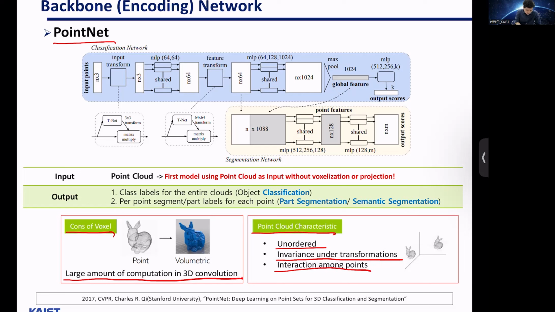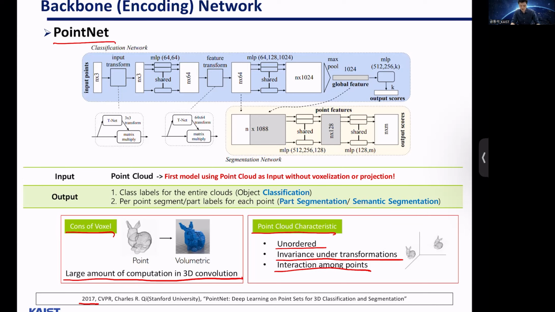By the way, please take a look at this reference citation. This is only 2017. So this backbone was proposed in 2017. Before then, people were not really working towards point cloud-based detection problems or segmentation problems.